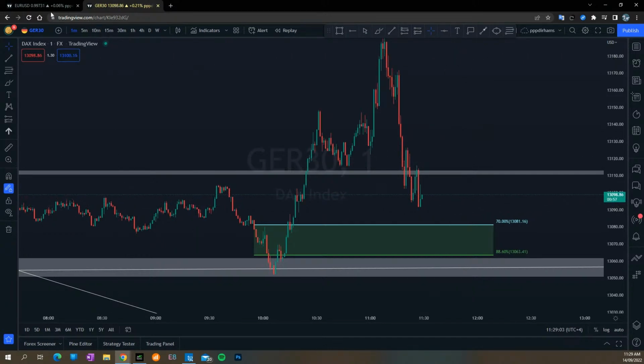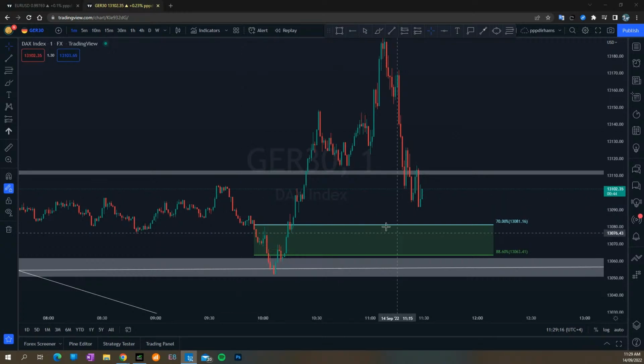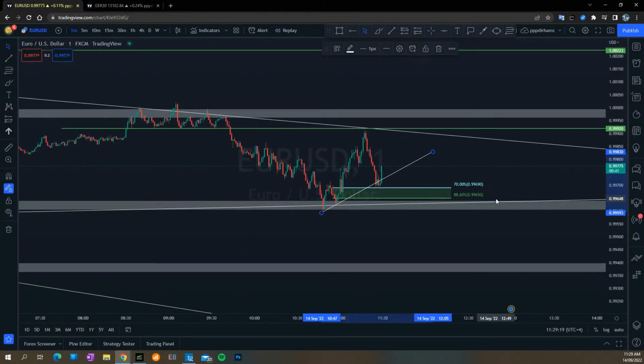So Euro USD has formed something that showed me that it's going to continue going up. Yes, you heard me. It formed something that suggests it's going to continue going up. That's beautiful, right, guys? Very beautiful.